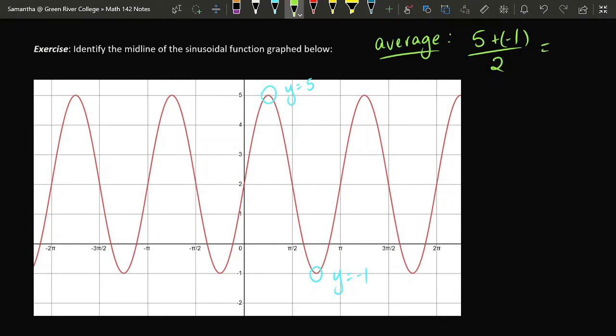Directly between 5 and -1 is the number 2. So the midline in this picture would be the horizontal line located right here at y equals 2.